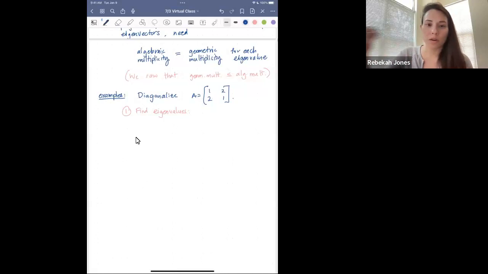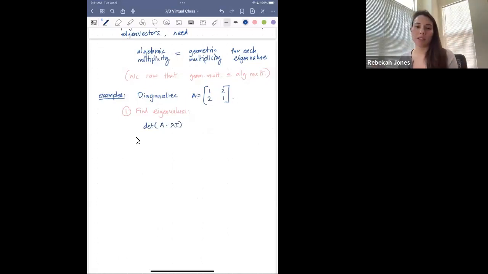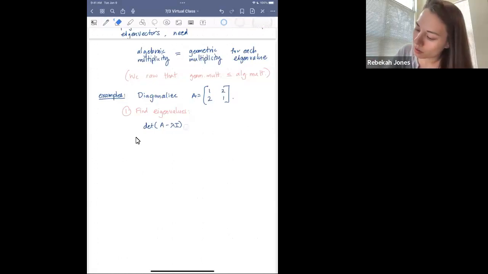Remember that the process is to look at the determinant of A minus lambda I, and whatever we get out of this is our characteristic polynomial, right? So my matrix is this guy here.